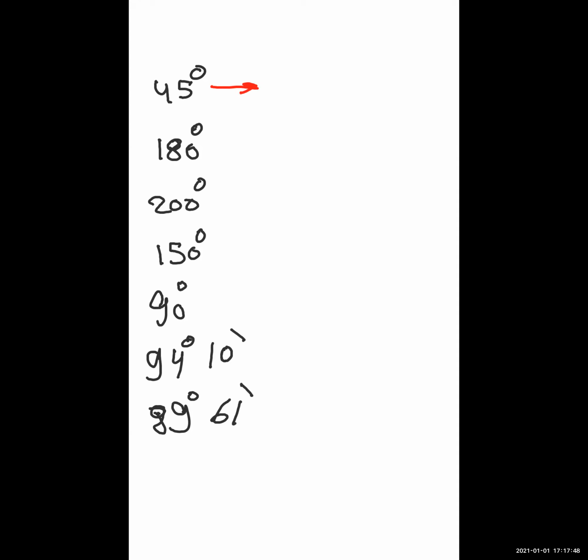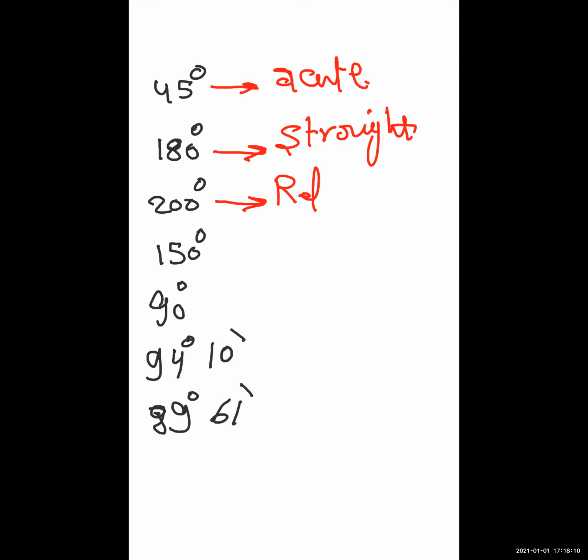45 is greater than 0 and less than 90. So this means acute. 180 straight. 200 is greater than 180 and less than 360. Okay, so this means reflex. 150 is greater than 90 and less than 180.